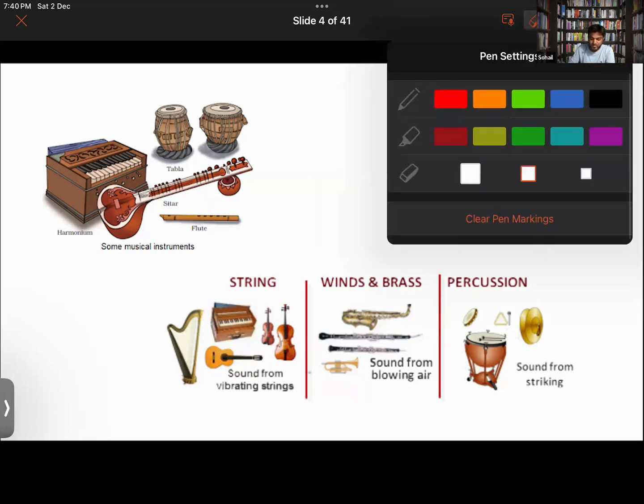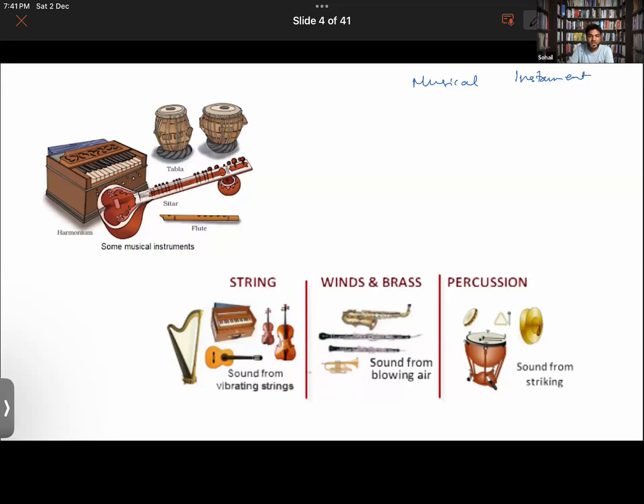Now coming back to the different types of musical instruments that we have to study, namely हमें पढ़ना है. You have the stringed musical instruments. Second, you have wind musical instruments.